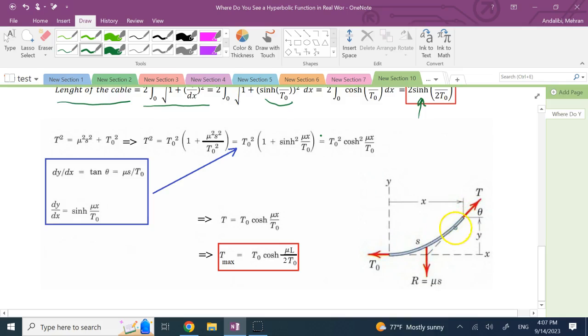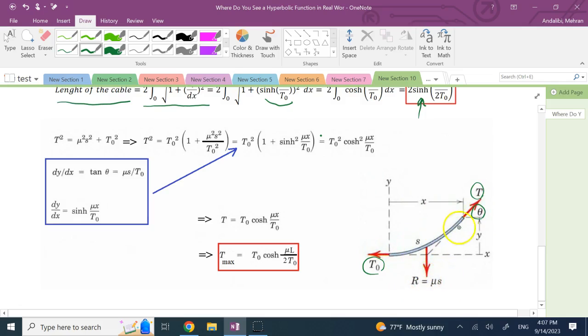This is a considerable part of the cable, depending on how much x is. And at this very bottom point, the tension is, of course, horizontal, and we call it T naught. At this other end, we call it T, which is not constant. It's a function of x, and this theta is also a function of x, the slope. And the total weight of this portion of the cable is mu times s downward.